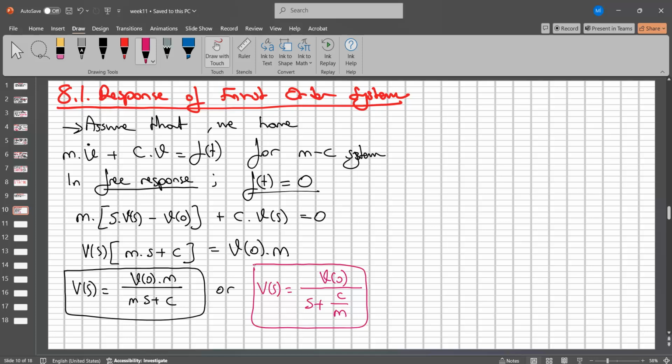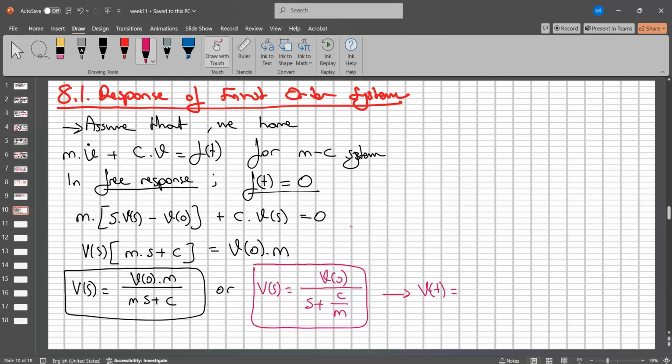And so how can we write the solution, the v(t), in time response? This form is predefined. What is the time response of this system? Minus c over m.